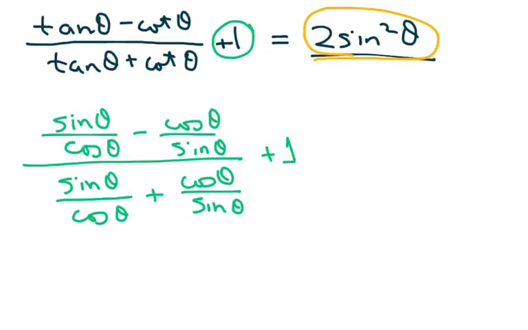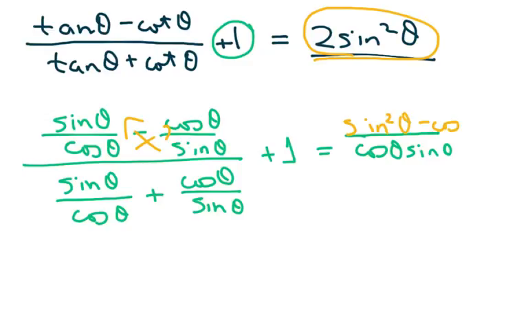So I'm going to go ahead and just keep treating the top part with the common denominator, which is cosine times sine, and just cross. So you get sine squared minus cosine squared.